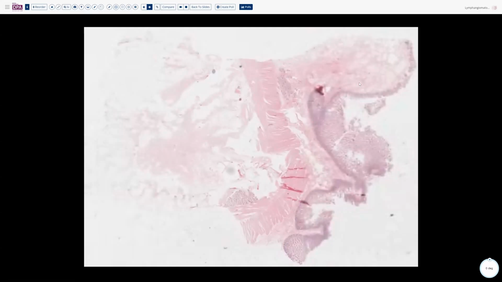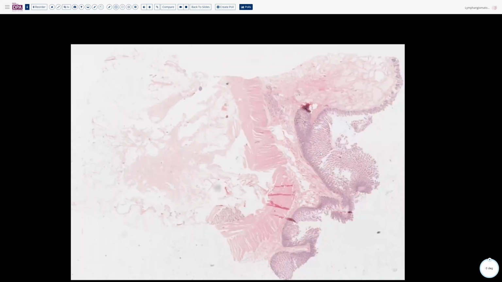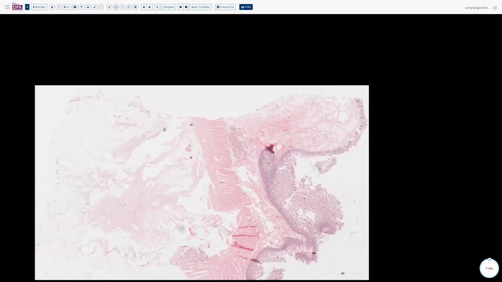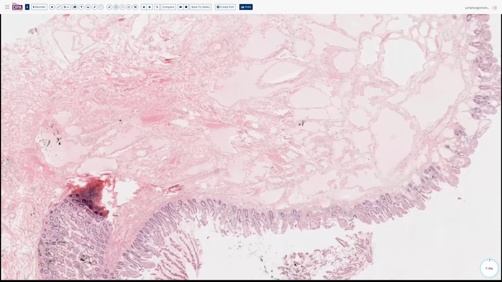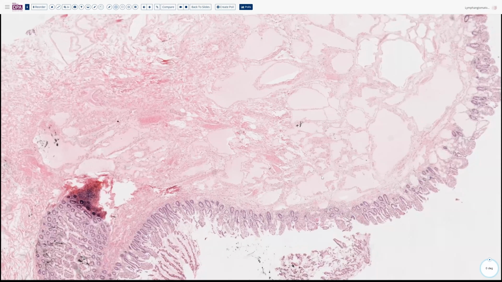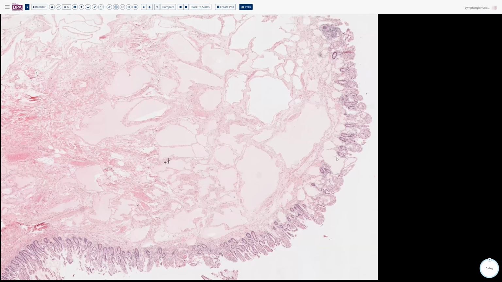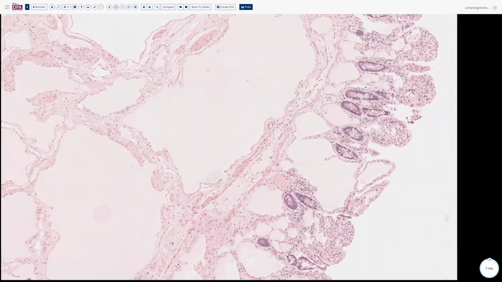Here's another case again in the bowel, showing these massively dilated thin-walled spaces with a lot of pale pink lymph within them. And as you can see here, this lesion does extend up into the mucosa and somewhat displaces the normal colonic glands.